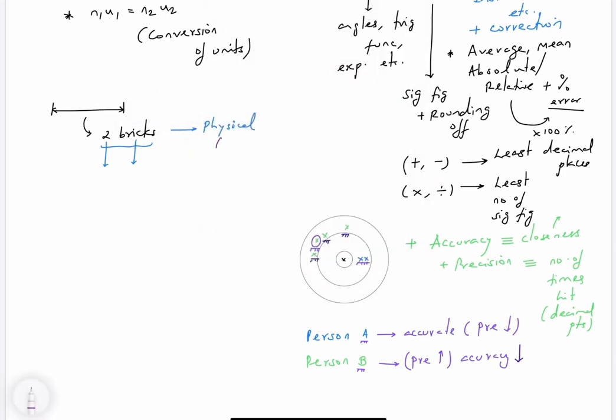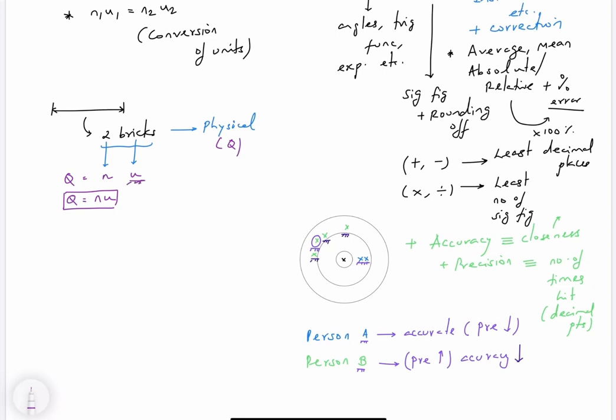Let's take this physical quantity and name it Q. So Q is made up of N, which is, let's say, the number, and bricks, which is nothing but the unit, which we take as U, right? So it's like a small formula. Q equals NU, where N represents the number and U is the unit.